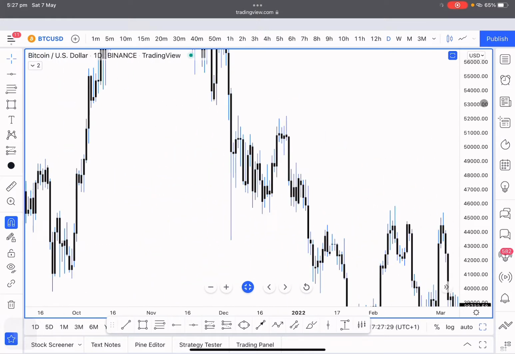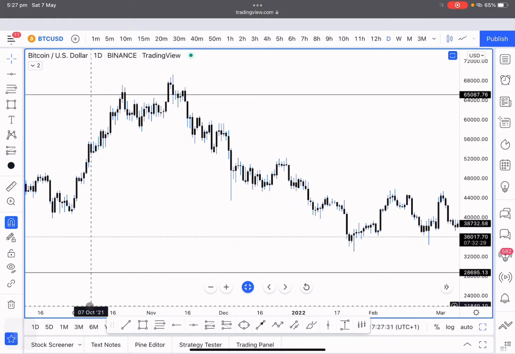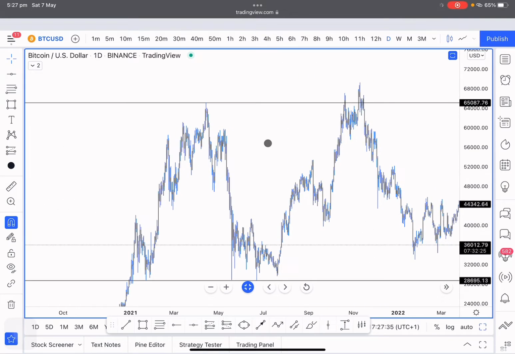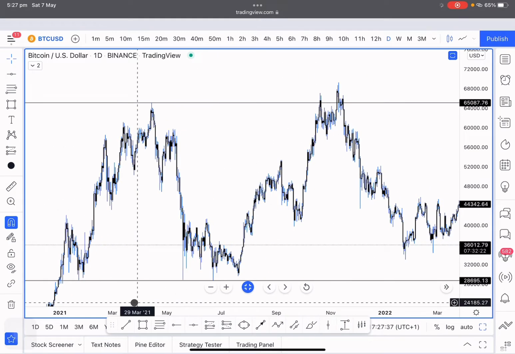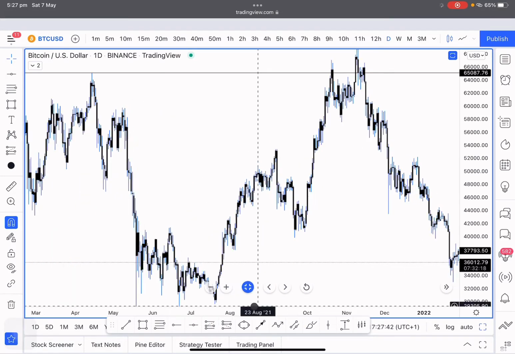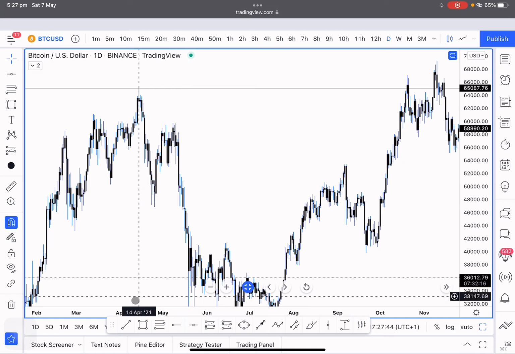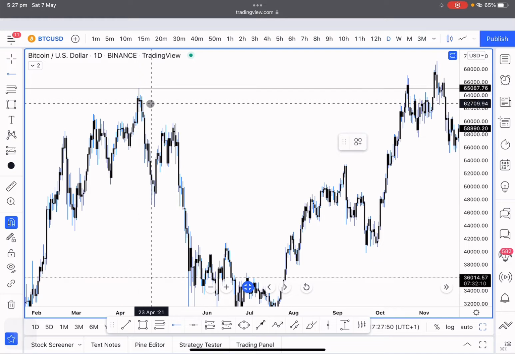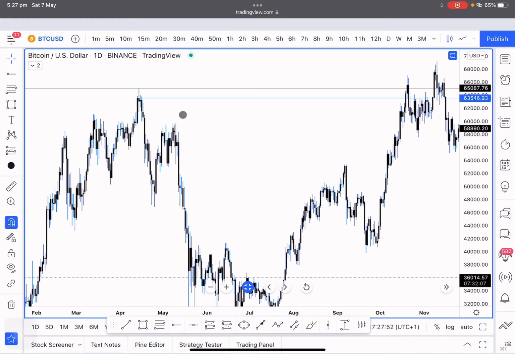Now if I go back to our range that we drew, from here to here, let's just zoom in a bit. On the daily, this is what I do. I take my horizontal ray and place it at the bodies of the highest point that the market was at.